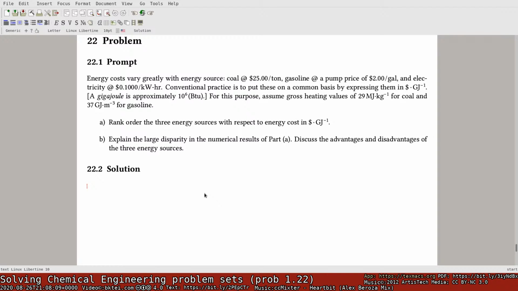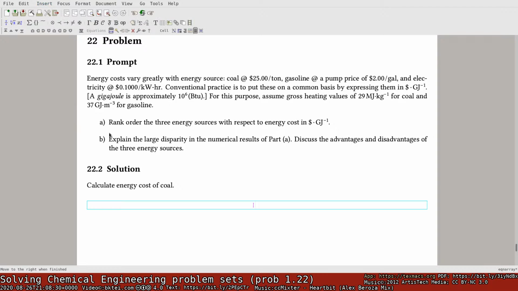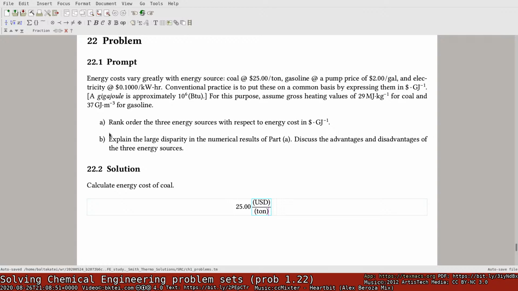So let's go ahead and calculate energy cost of coal. So we can maybe do some conversions. We're given 25 USD per ton. And I'm not sure, is it metric ton?